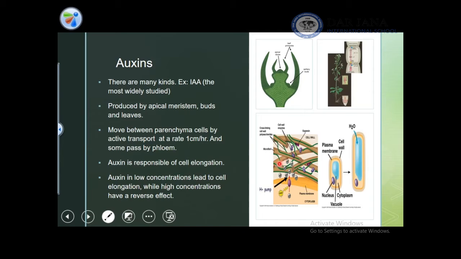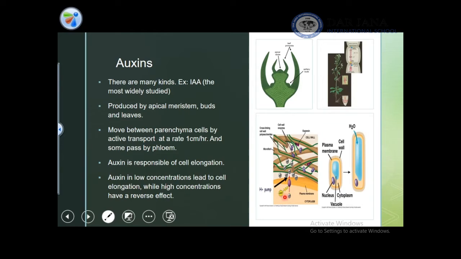What happens when auxin is available inside the cytoplasm? Whenever auxin enters in a low amount inside the cytoplasm of the cell, and pay attention that it has to be a low amount, as we have said before, in order to make the cell elongation, in order to make the promotion of growth.